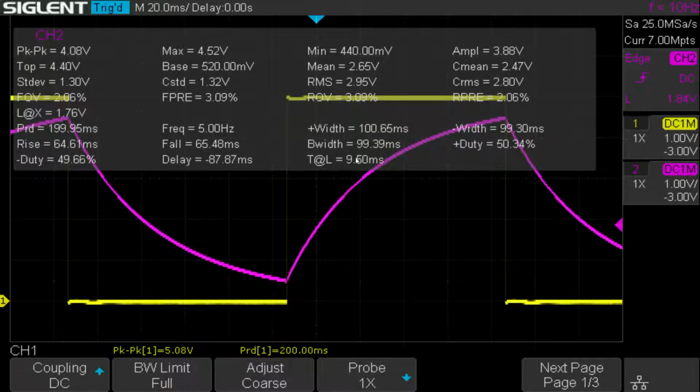What we have over here, let's match it with the actual experimentation. This is channel 2. Channel 2 is the output and channel 1 is the input. I've connected the signal generator to the oscilloscope, and the signal generator output to the oscilloscope input. I'll show the circuitry once again.